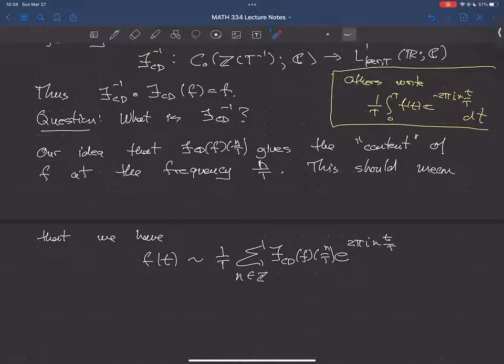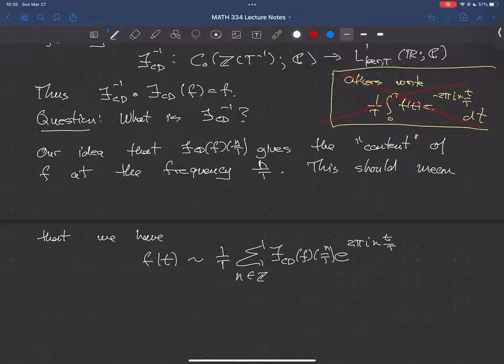And as I say, if you do things the way that we're doing it, which is that you don't put the 1 over T there and you put it here, then what it allows you to do is just use an unthinking rule, where every time you have a summation over frequency or time in the Fourier transform business, out front you have to put the sampling interval. And so here the summation is over frequencies, and so the sampling interval in frequency is 1 over T. So that's kind of an argument in favor of not doing that.